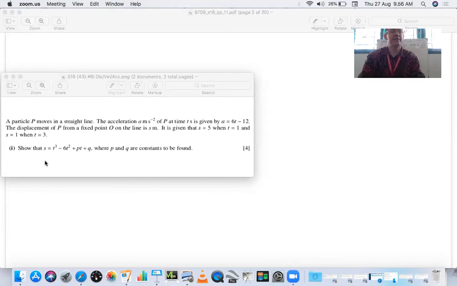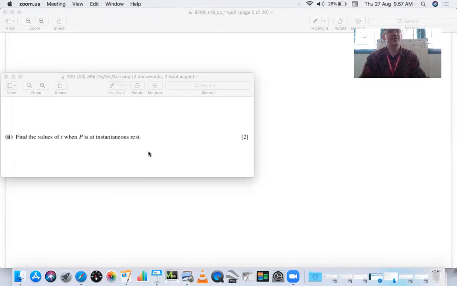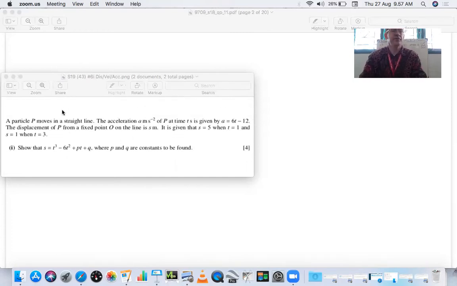Show that S equals t cubed minus 6t squared plus pt plus q, where p and q are constants to be found. So we need to show this displacement formula, and we need to find the values of p and q. Then it says find the values of t when P is at instantaneous rest, meaning when our velocity is 0. Okay, so let's start with this.